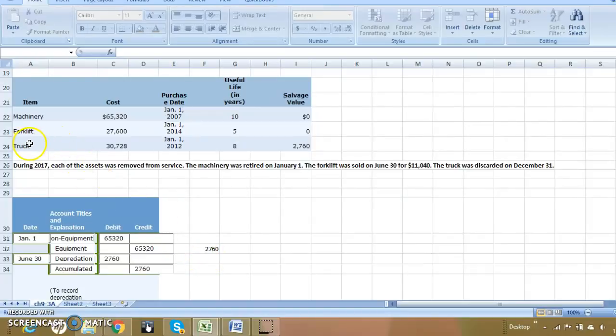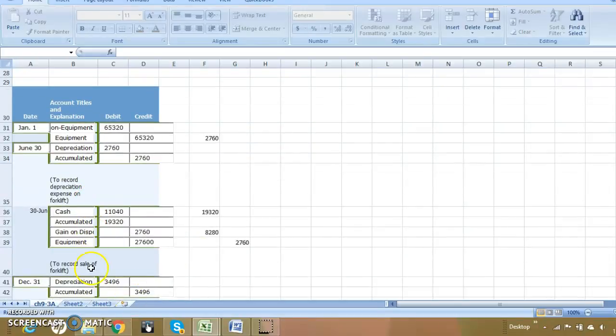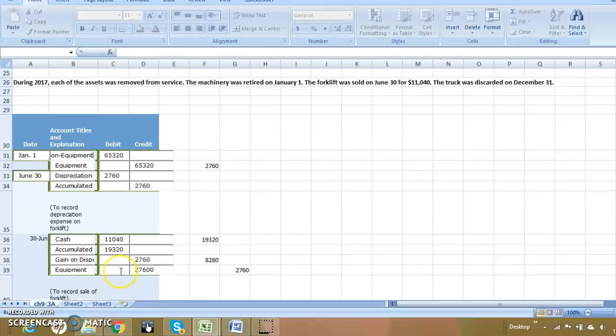Second item. The first item is so easy. So the second item, the forklift. There are two things going on here. First, we are going to record the depreciation expense on the forklift, and then we will record the sale of the forklift.